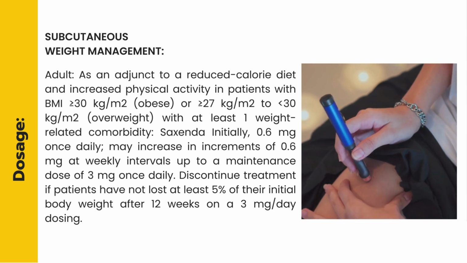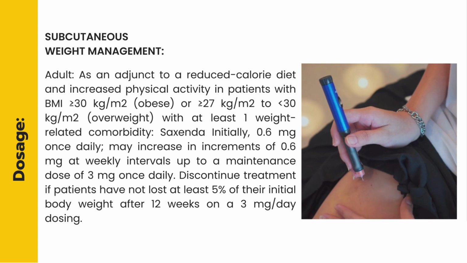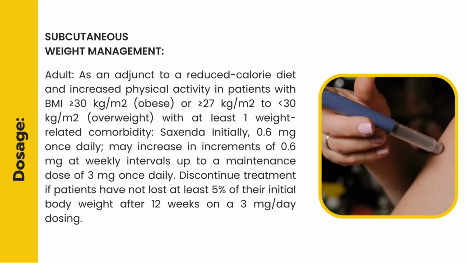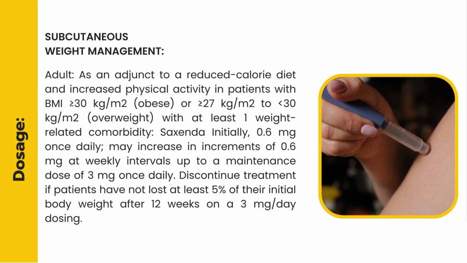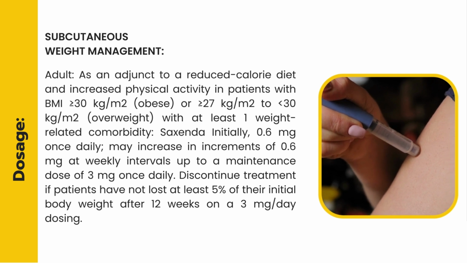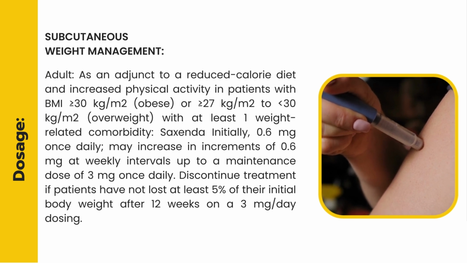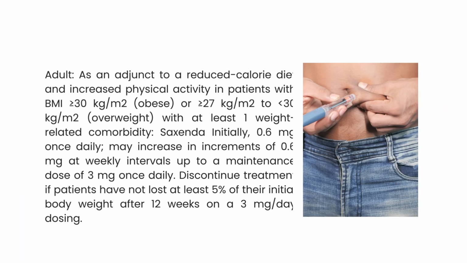Saxenda initially 0.6 mg once daily, may increase in increments of 0.6 mg at weekly intervals up to a maintenance dose of 3 mg once daily. Discontinue treatment if patients have not lost at least 5% of their initial body weight after 12 weeks on a 3 mg per day dosing.